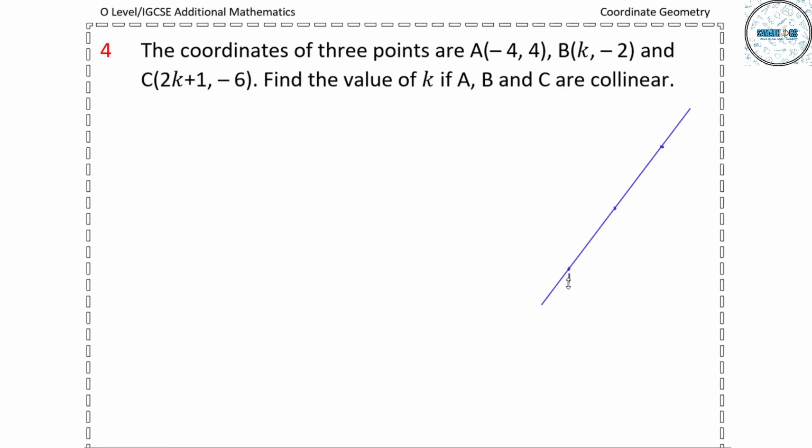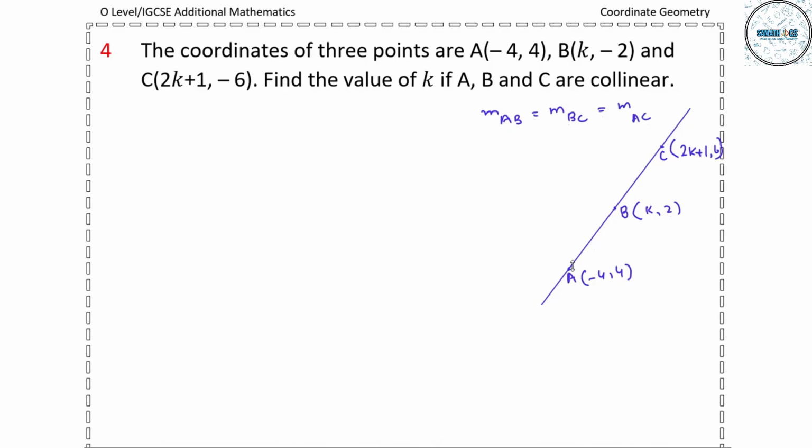So we can mark here A, that is minus 4, comma 4, B, k, comma minus 2, and C, 2k plus 1, comma minus 6. Now, these three points are collinear. It means the gradient of AB is equal to gradient of BC and it is equal to gradient of AC.